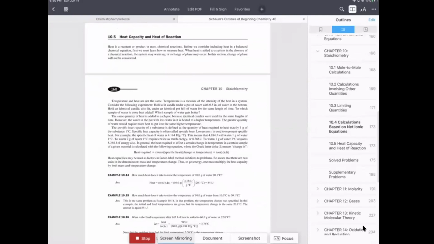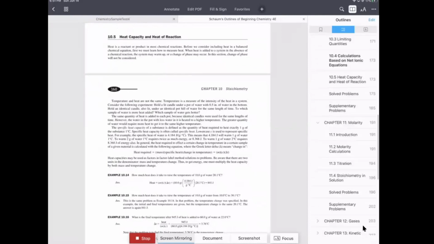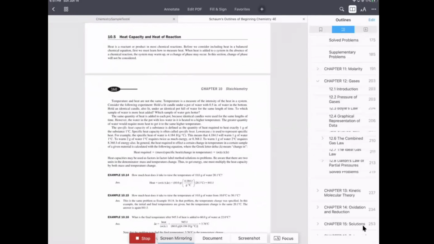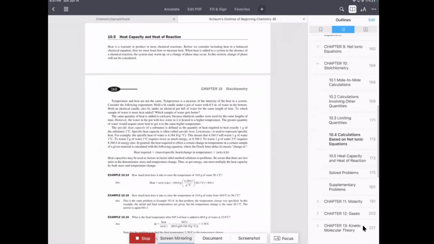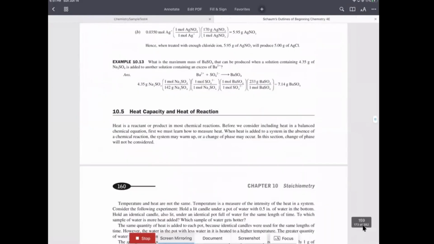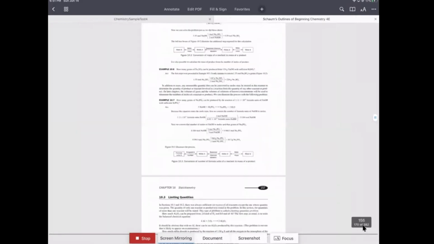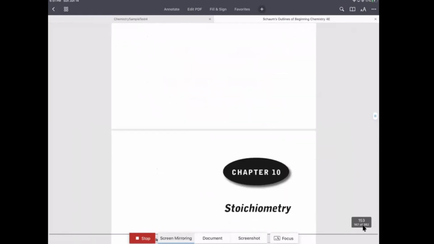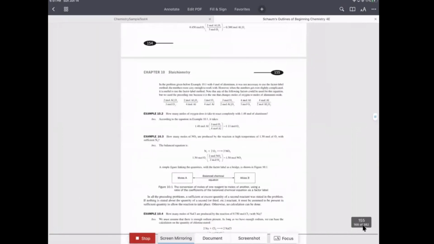Stoichiometry. All right, looks like here I think we went over this already.